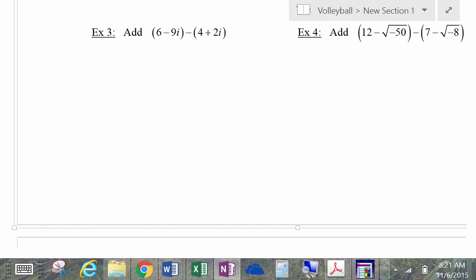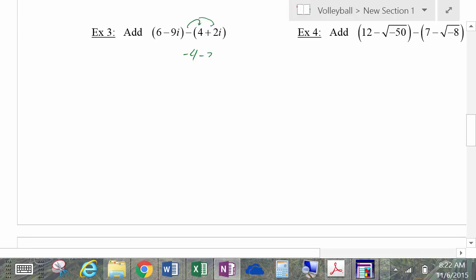Alright, adding complex numbers together. We have 6 minus 9i minus 4 plus 2i. What do you get? Why don't you guys do this? It's pretty easy. All right, what did you get?